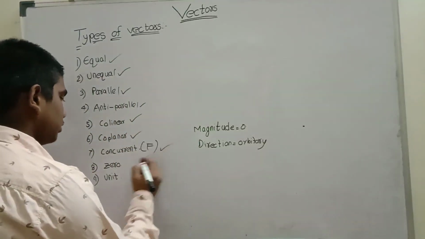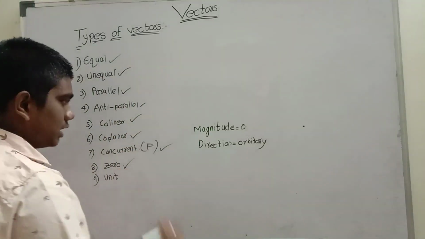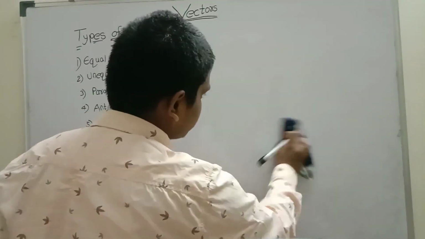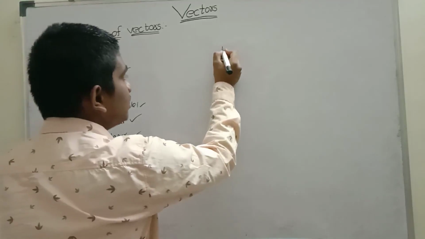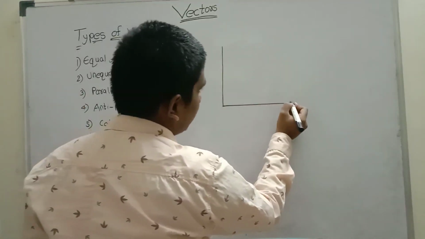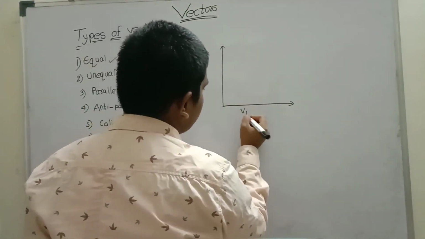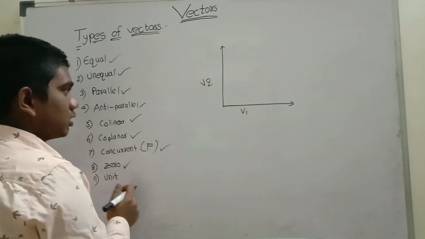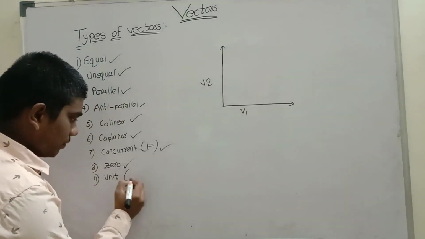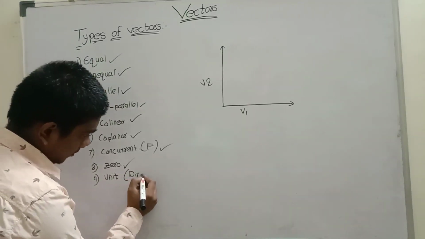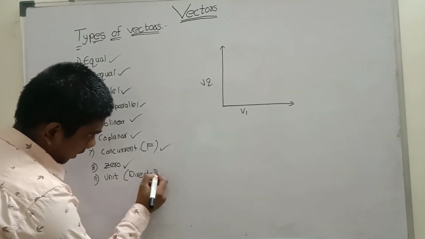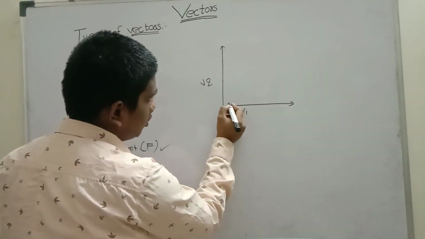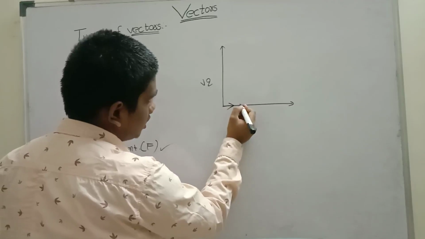Now concurrent vector completed, zero vector completed. Last one, unit vector. Let us imagine these are two vectors v1, v2. The unit vector helps us to find the direction of any vector. Now differentiate it into one unit, a single unit.